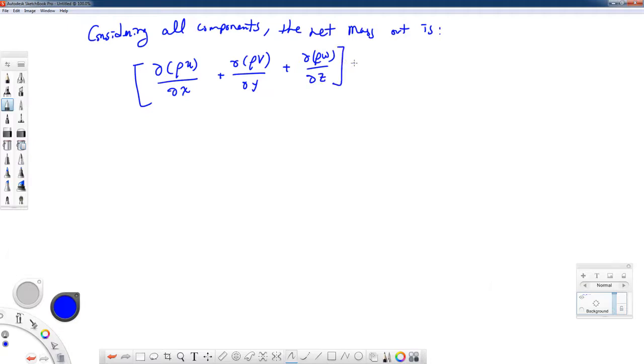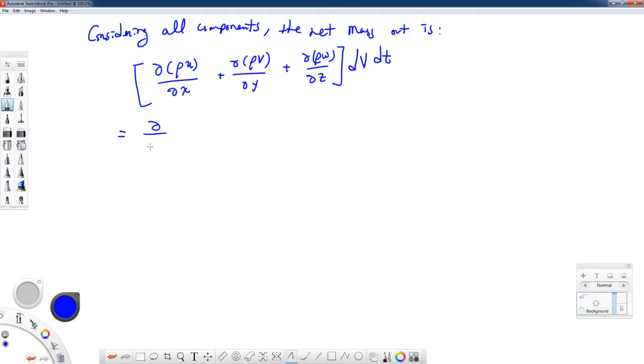Dx, dy, dz is the volume element differential, so dV with time dt. Now if we look at this and write it in our index notation, we can write it this way.